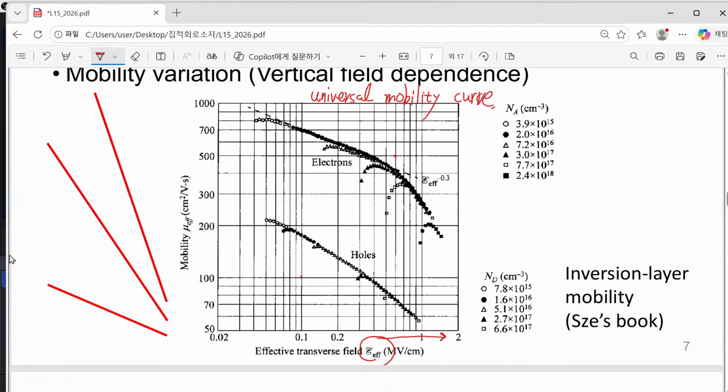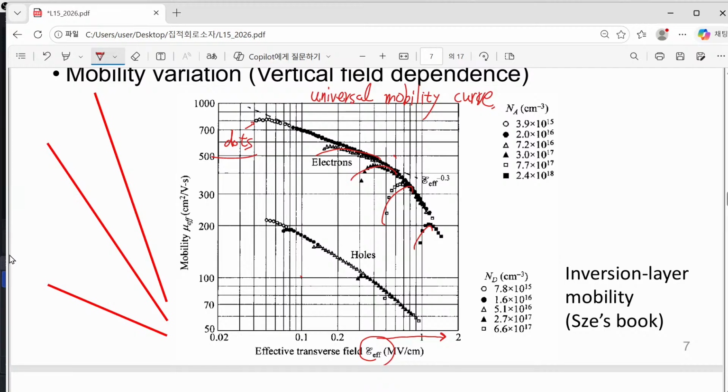When we draw our effective mobility as a function of effective electric field, the consequence is that now we have seemingly one line. Maybe you can feel a little bit strange, because there are so many lines. Yes, there are so many lines, and these dots are taken from experimental data.